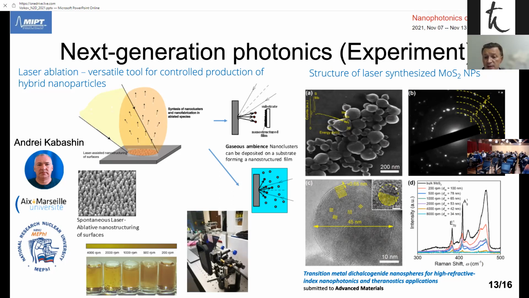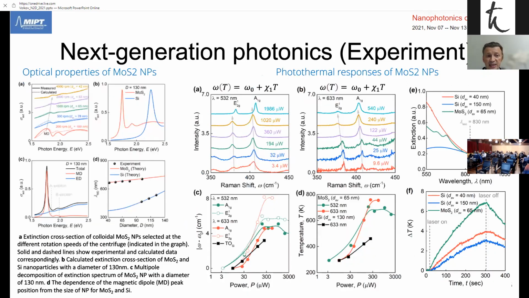The paper is now submitted to Advanced Materials, and in a few days it will appear on arXiv. So one will be able to see the details of this research soon. We of course also did optical characterization and photothermal response investigations of these fabricated materials.